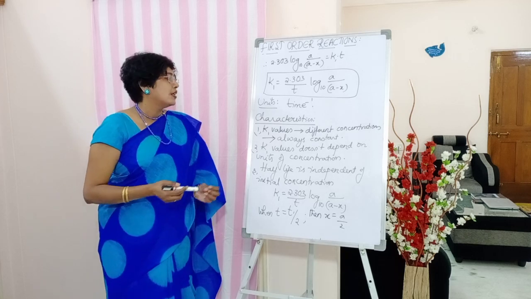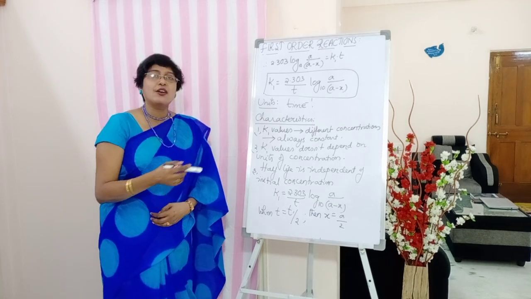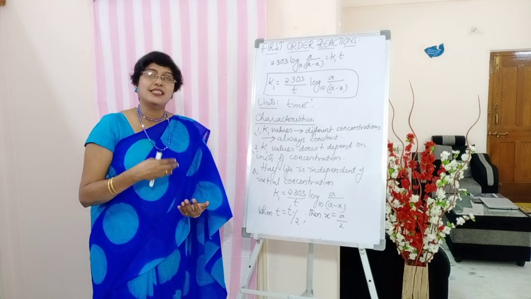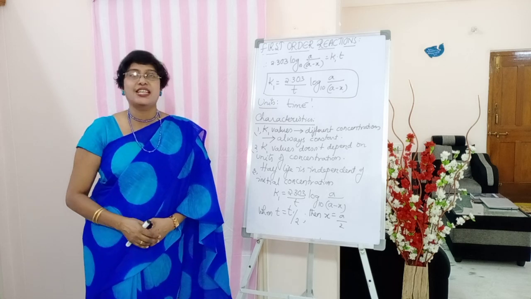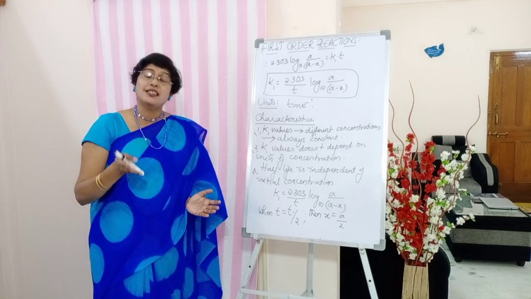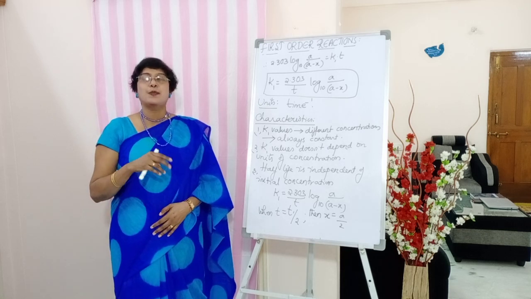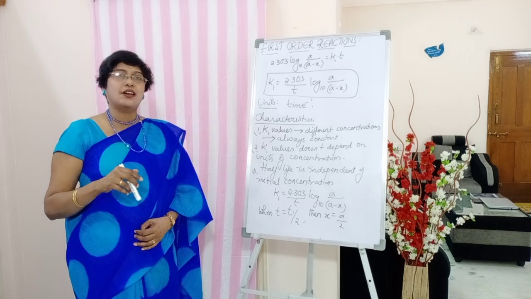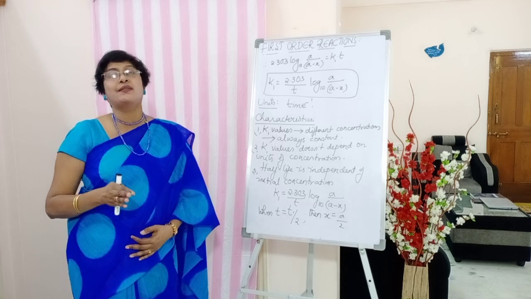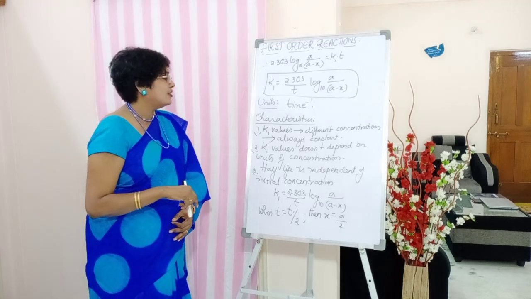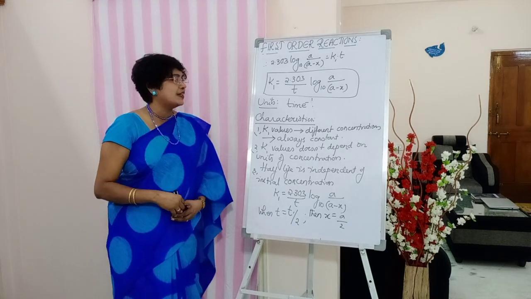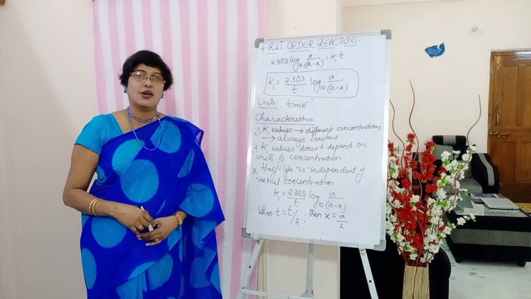If you are calculating the K1 value for various concentrations, it remains constant. Then only our experiment is correct. If we are not getting the constant value, then there is an error in our experiment.